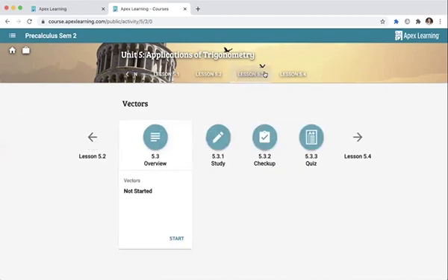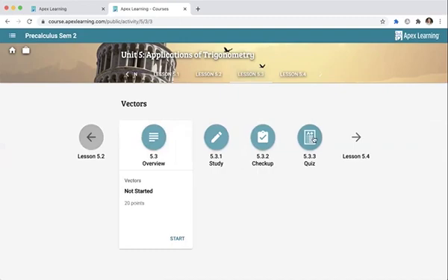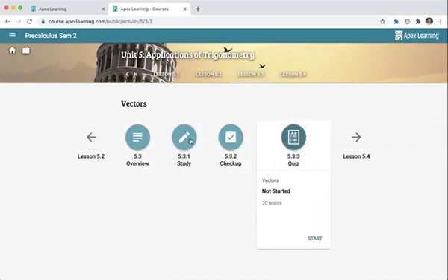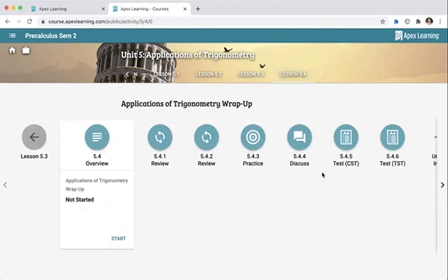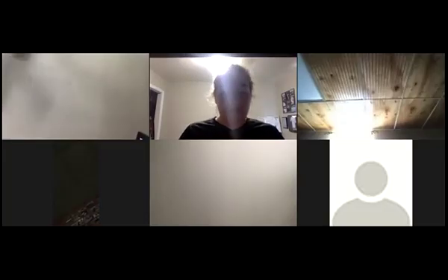Then tomorrow we'll finish up with 5.3, talking about vectors, and then we will wrap things up and talk about the test for this, and that finishes Unit 5 for us.